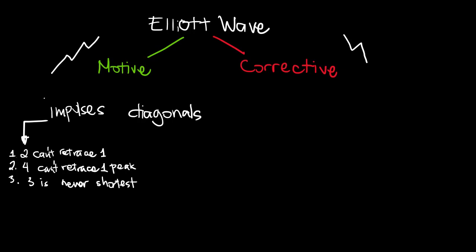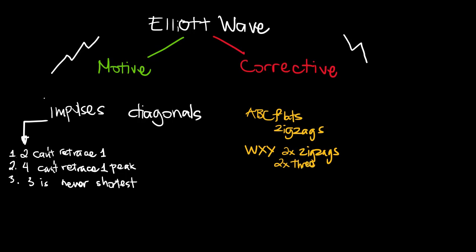On the other side of the coin, corrective waves are either a zigzag, a flat, a triangle, or a combination. Three-wave corrections are either ABC flats, ABC zigzags, WXY double zigzags, and WXY double three combinations.